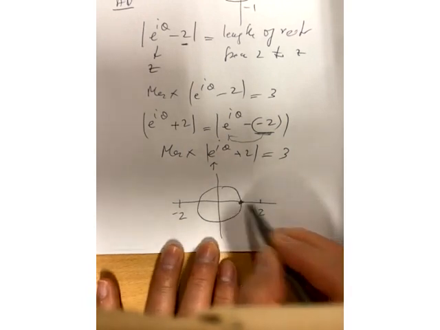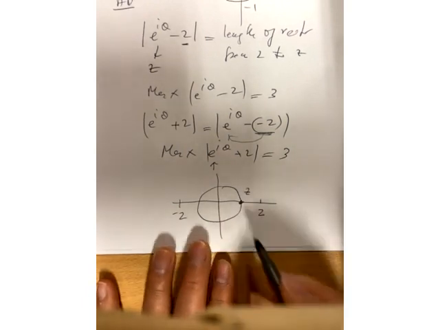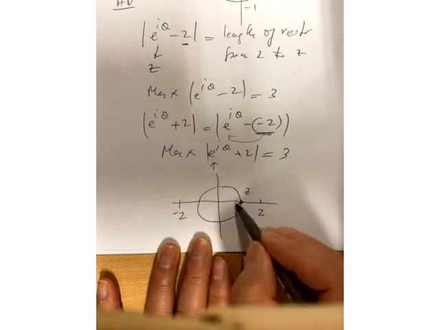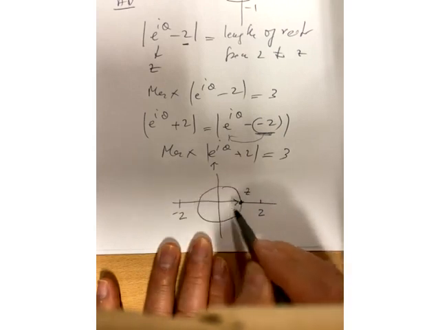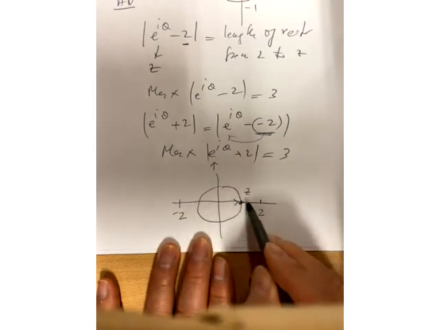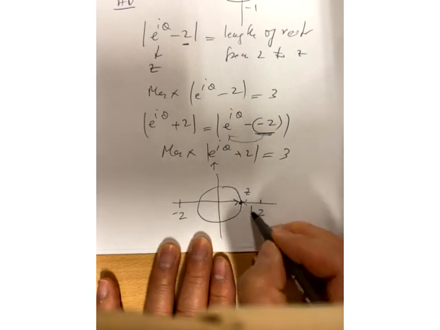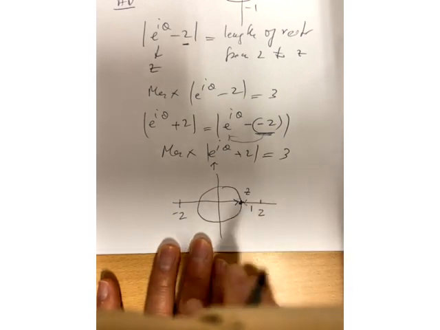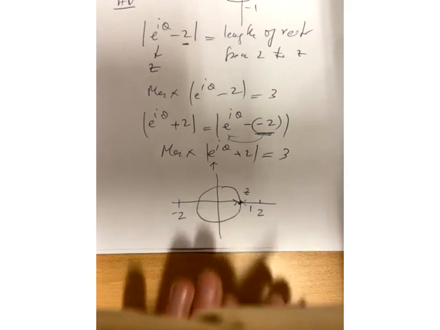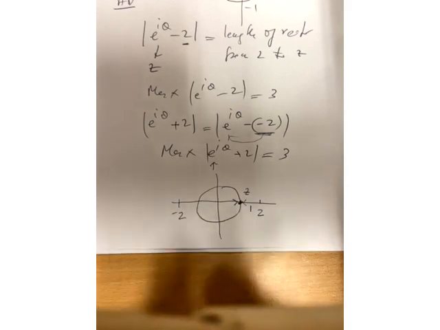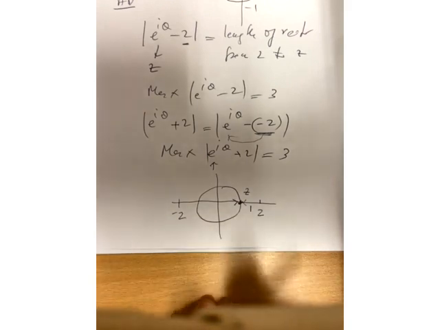So let's say you pick this one as your z. Then the length of the vector from minus 2 to z would be 3, and the length of the vector from 2 to z would be only 1. And 3 plus 1 is 4. Is that the maximum length of the two added together? Well, the answer is no.